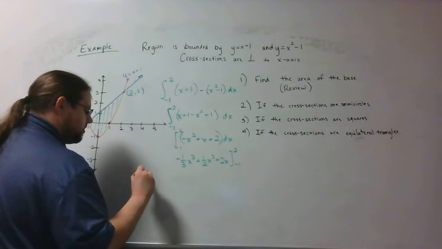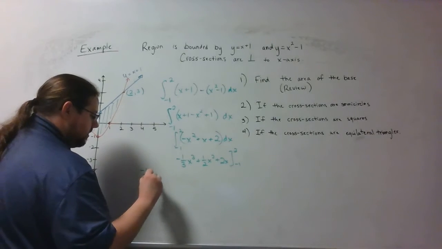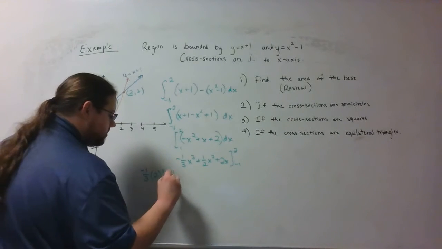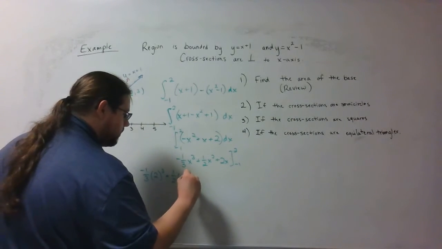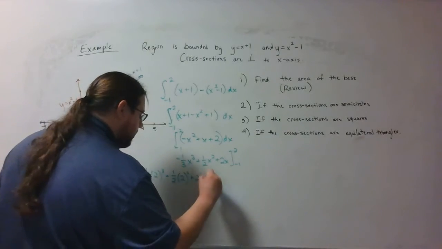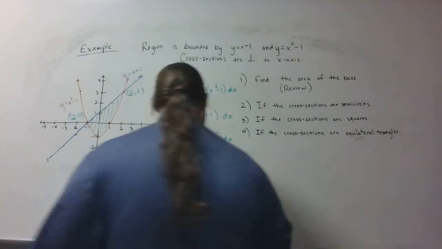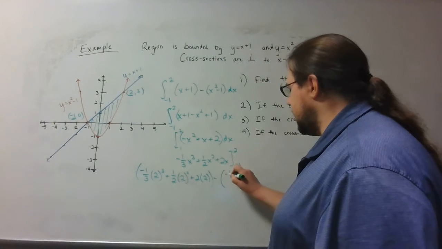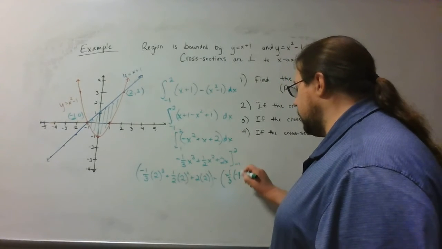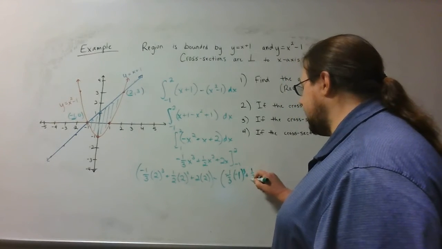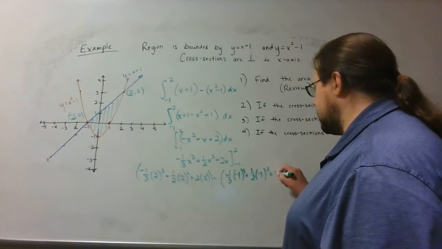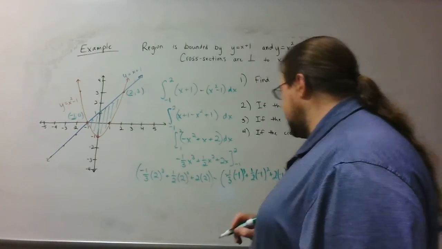So let me go ahead and plug in 2: negative 1/3 of 2 cubed plus 1/2 of 2 squared plus 2 times 2. All of that is going to be subtracted by, if I plugged in negative 1, negative 1/3 of negative 1 cubed plus 1/2 of negative 1 squared plus 2 times negative 1. All right, let's see what happens.